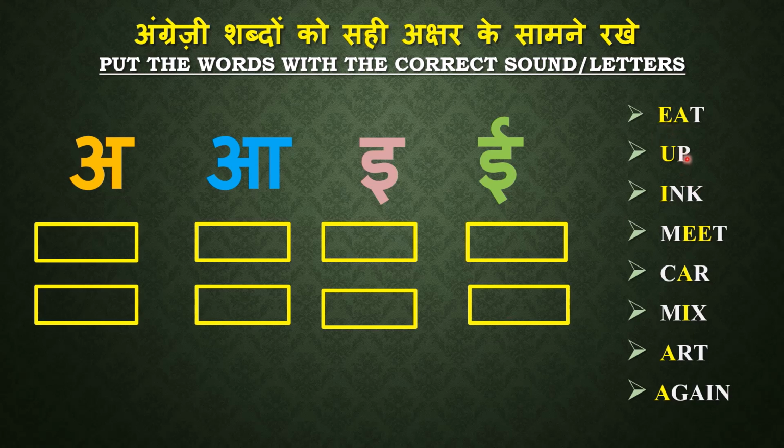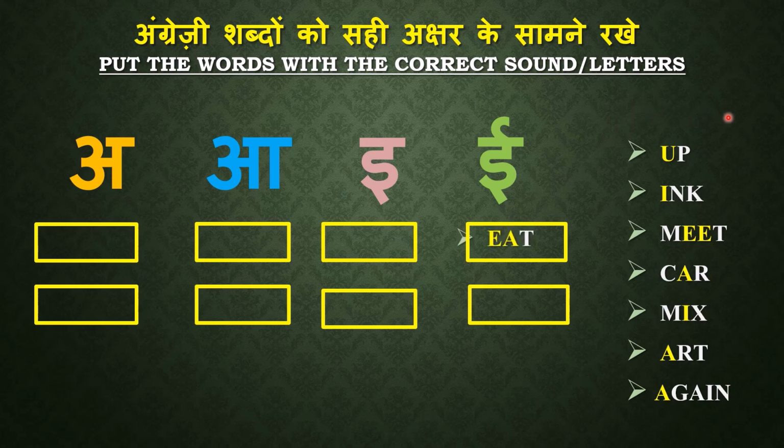Over here we have the English words. In each English word, the phonic is highlighted by the yellow color. So what you have to do is identify the phonic and match up with the swar and put them in the respective boxes. For example, the first word is eat, and these are English words. Okay, so eat.